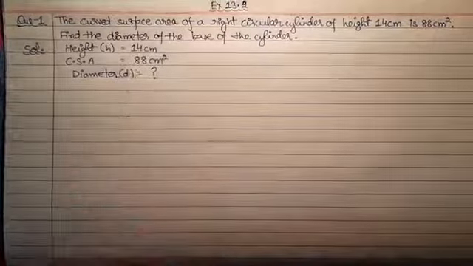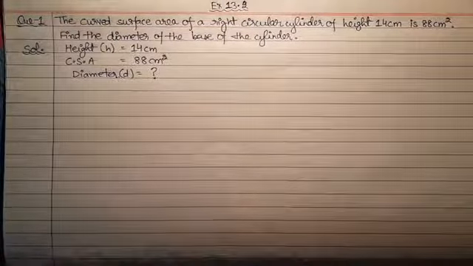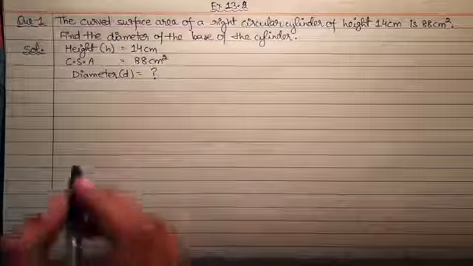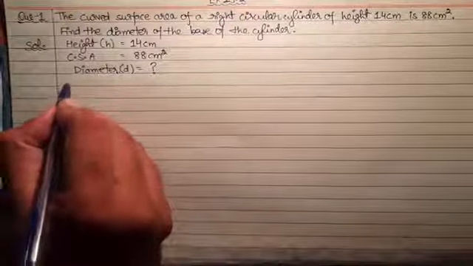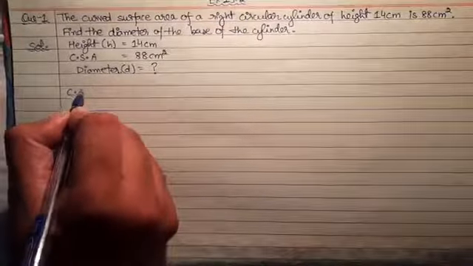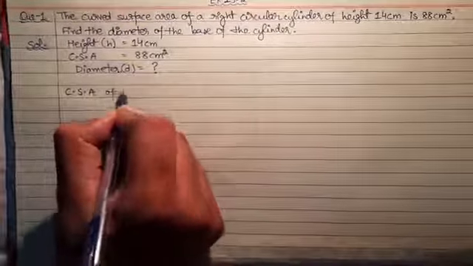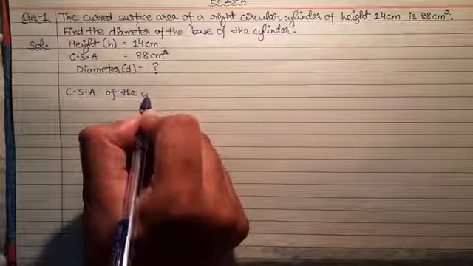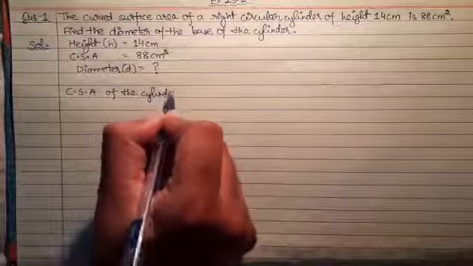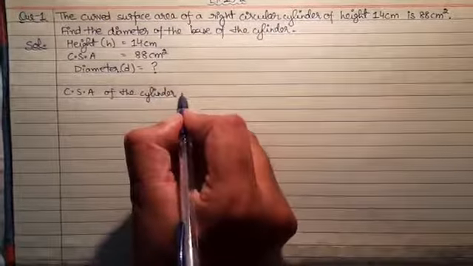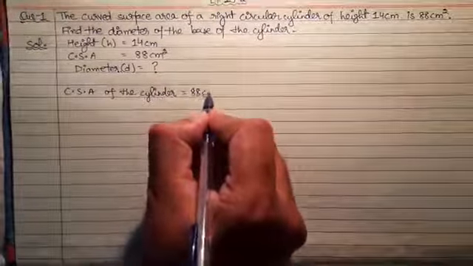To find the diameter of the right circular cylinder, we use the given condition, that is curved surface area of the cylinder, which is equal to 88 cm square.